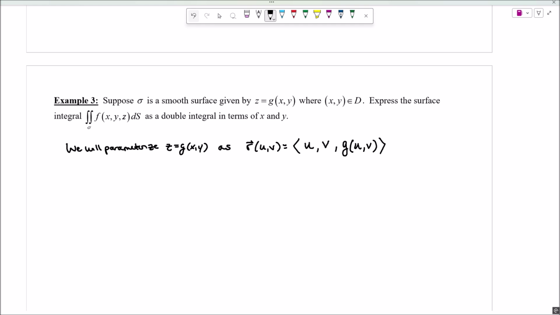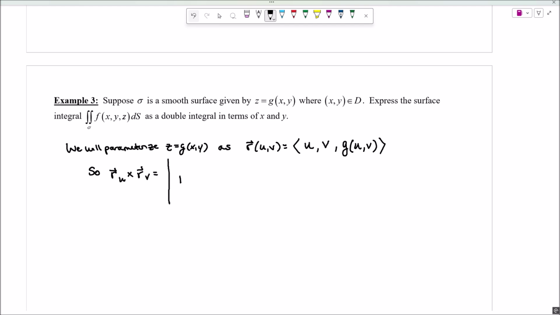And now what I could actually go ahead and do here is to say that I could go and find my partial derivatives. So this would mean that if I wanted to, I could calculate my r partialed with respect to u crossed with my r partialed with respect to v in the following way.